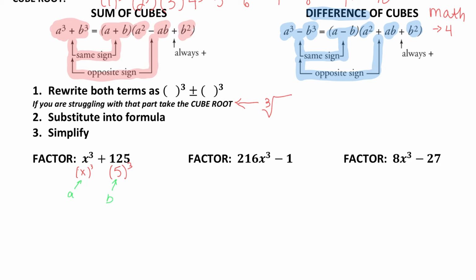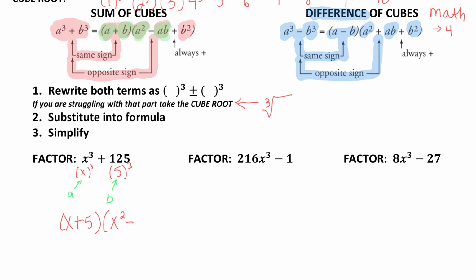So if I look at my formula here, I'm going to do A plus B. So my A was X, my B was 5, so X plus 5. Then you're going to take A and you're going to square it. So my A was X. When I square it, it becomes X squared. Then you're going to do minus, and it says to do A times B. Well, my A was X, my B was 5.